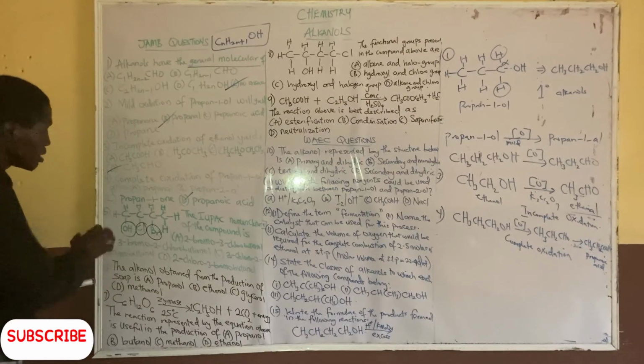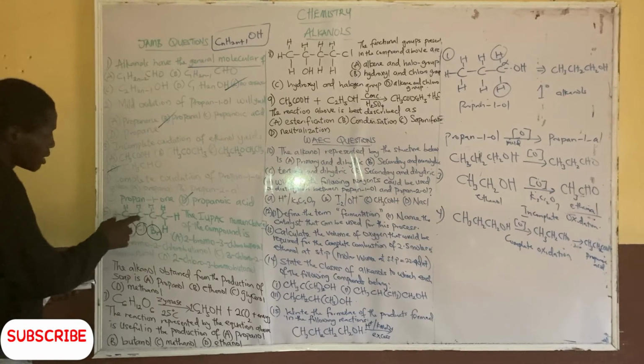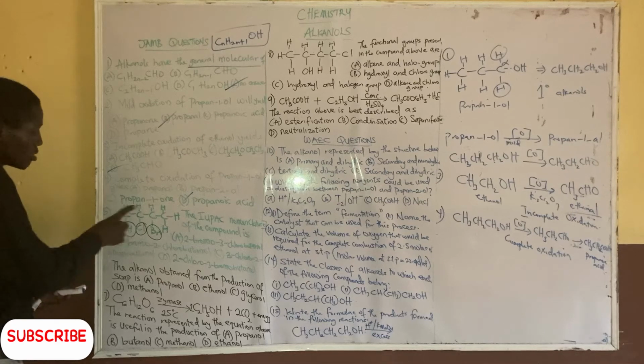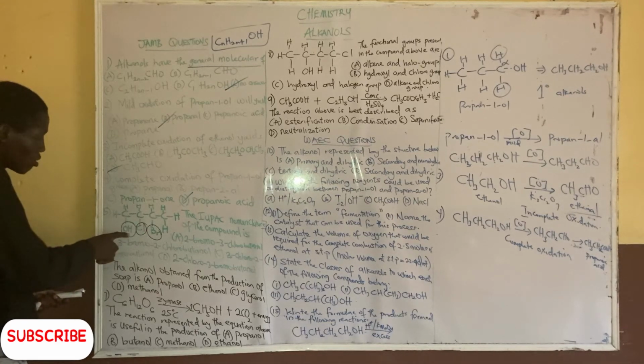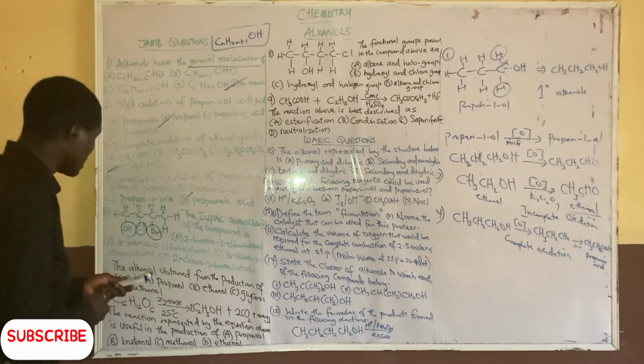So this makes it an alkanol. If I count the parent chain as 1, 2, 3, 4, the parent chain is butane, and the hydroxy group makes it an alkanol. So it will be butanol. The parent name here is butanol.